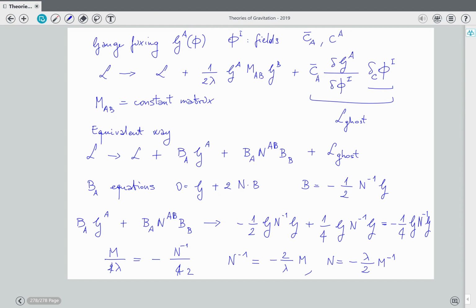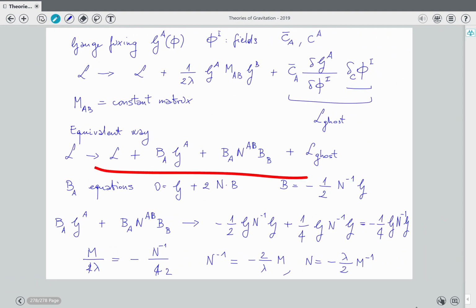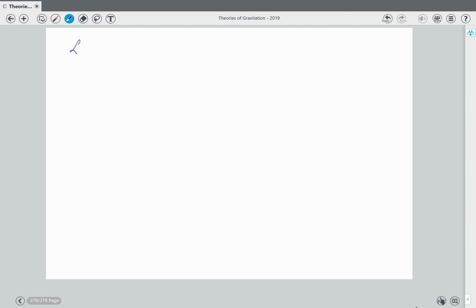Let's see, this equivalent way. Let's rewrite this thing with its formula. So we have that our Lagrangian goes into L plus this Lagrange multiplier term.